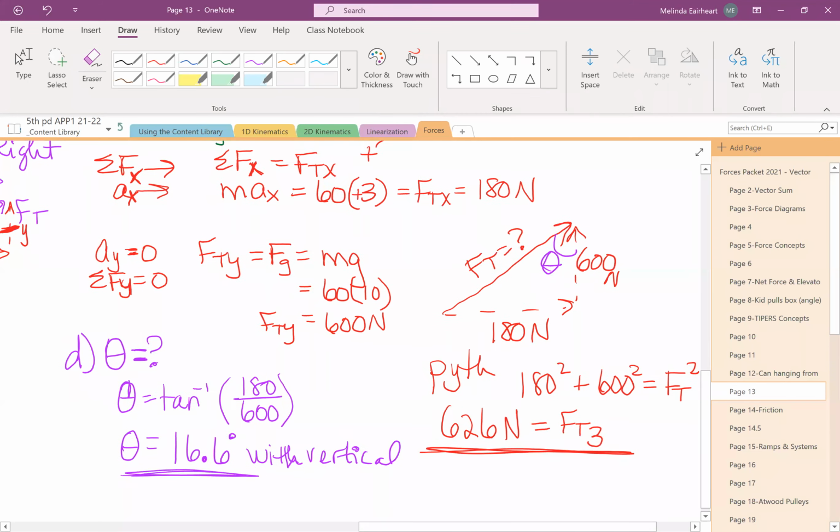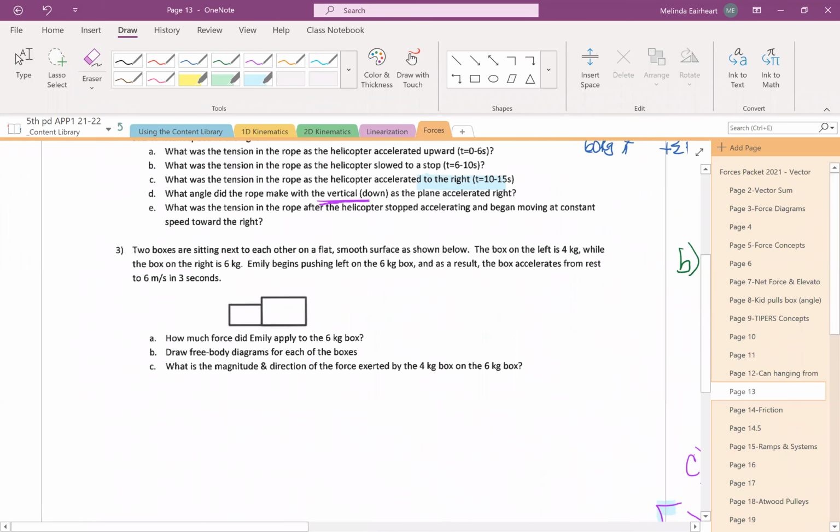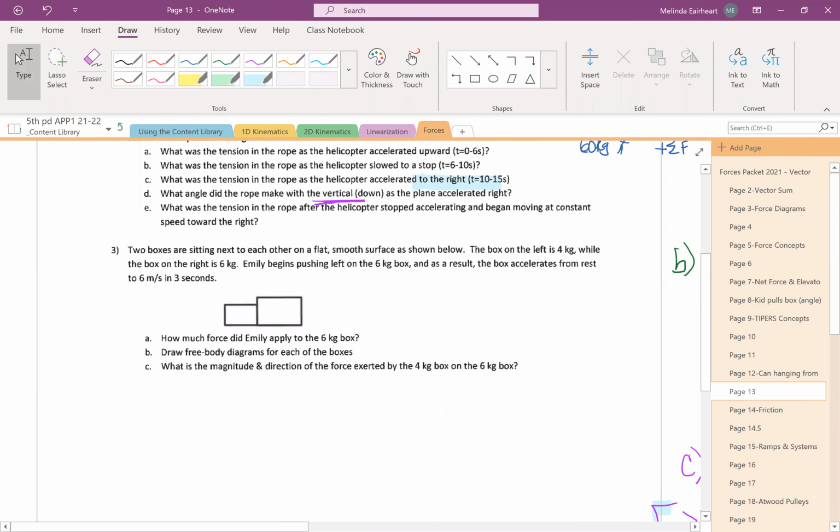Okay, and then one more here. E says, what is the tension in the rope after the helicopter stops accelerating and begins moving at a constant speed towards the right? I kind of set us up for that. Luckily, I didn't read ahead, but when I was walking with the microphone at a constant speed, what angle did it make? Let me do it again.